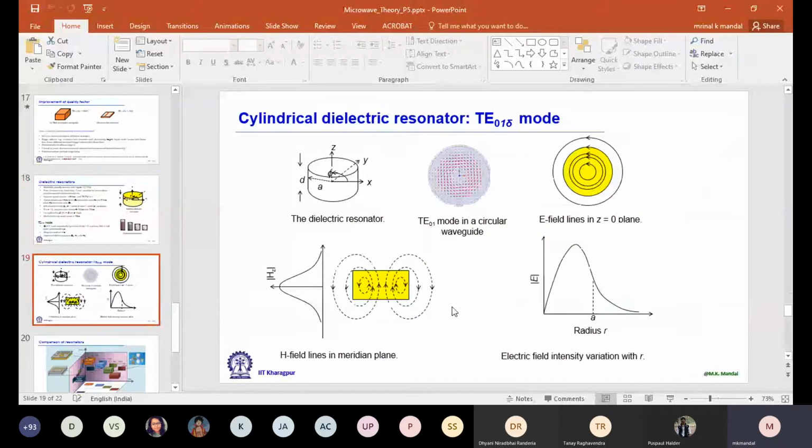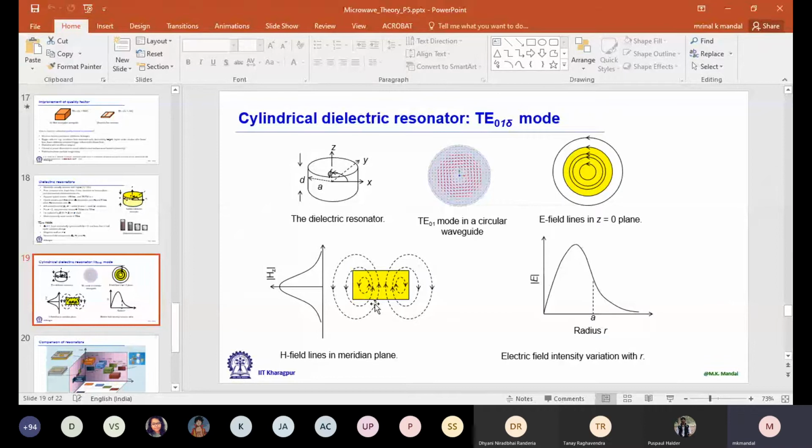So here I am showing the field variation. The dielectric resonator is shown here with a radius of a and height d. Then you see how the magnetic field component forms loops. When we cut the cylinder along its midplane, it looks like a rectangle, and on the rectangle the magnetic field is drawn.